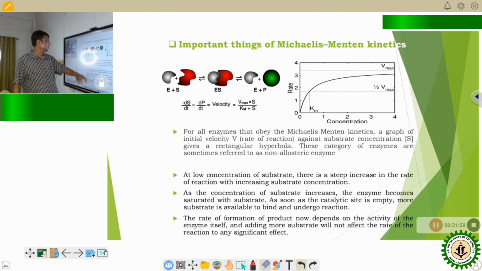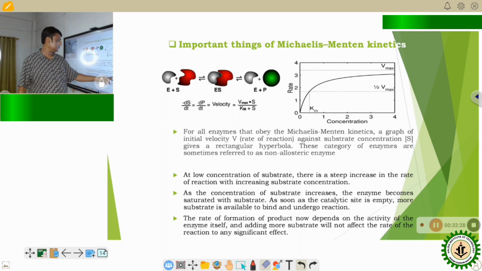For all enzymes that obey Michaelis-Menten kinetics, a graph of initial velocity, the rate of reaction, against substrate concentration gives a rectangular hyperbola. This category of enzymes is sometimes referred to as non-allosteric enzymes. At low concentration of substrate, there is a steep increase, very fast, in the rate of reaction with increasing substrate concentration.